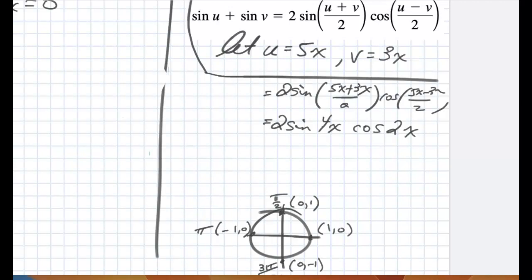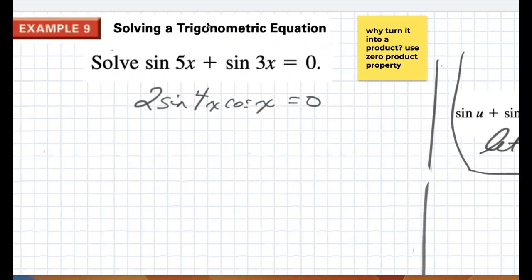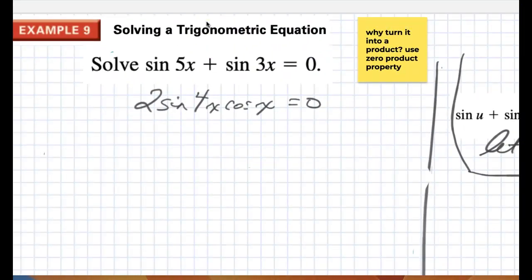The advantage of having transformed this into a product is that we now have a situation where we can use the zero product property. So you've got 2 times sine 4x times cosine x equals 0.